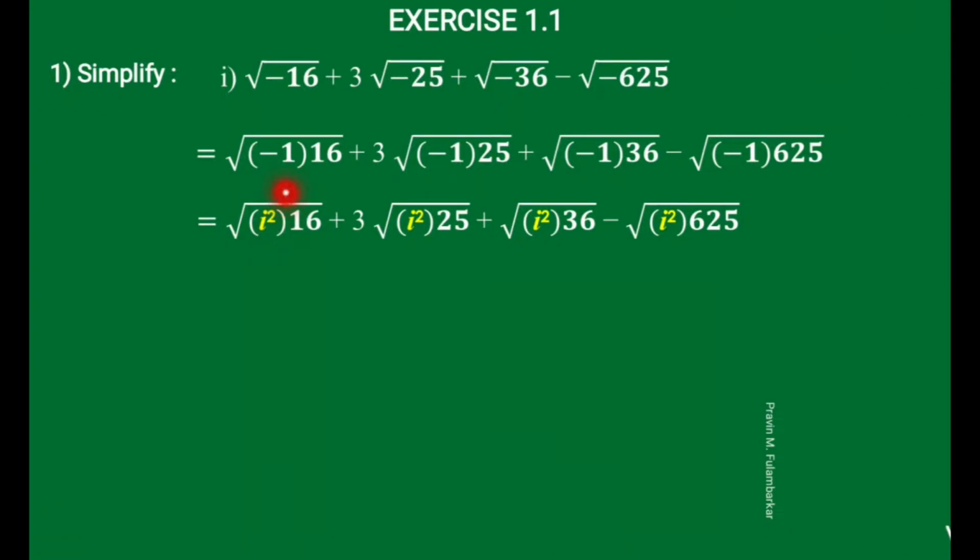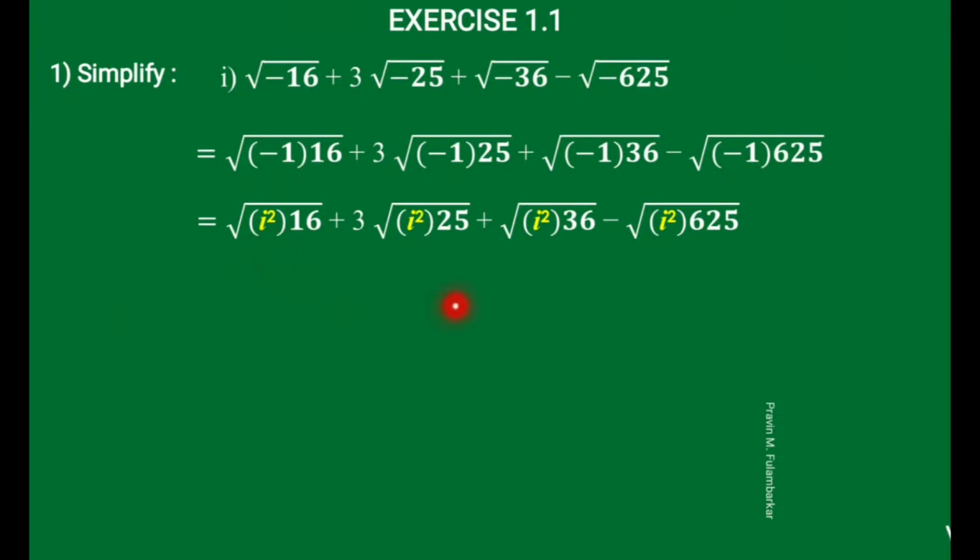So we get here minus 1 into 16 as i square into 16, minus 1 into 25 as i square into 25, minus 1 into 36 as i square into 36, and minus 1 into 625 as i square into 625. So we write square root of both the terms because both the terms are in product form.